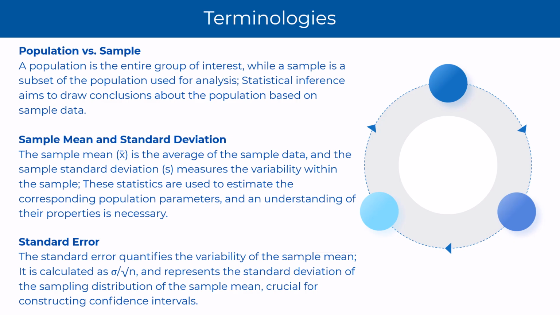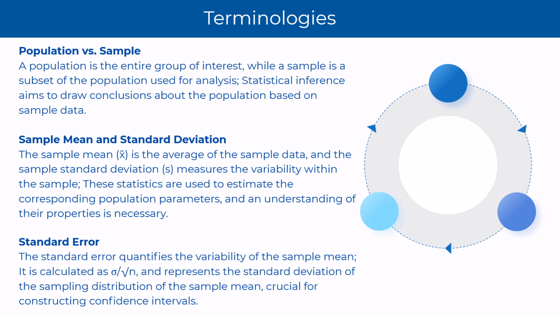Next, let's look into some terminologies. Again, just to review, population is the entire group of interest. The example a while ago is the students in the entire CCIS, so we consider the 800 students of CCIS as the population. The sample is a subset of the population used for analysis.